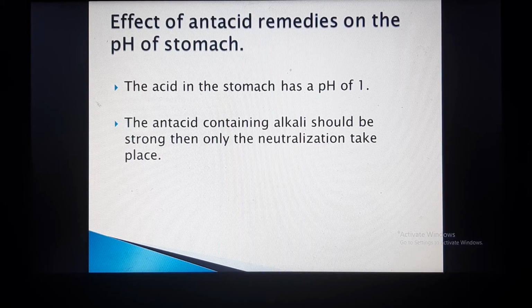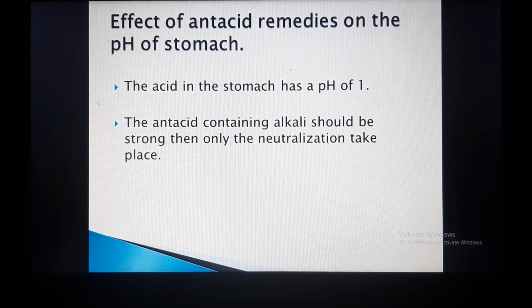It depends on the antacid that we are using. Various types of antacids are available in the pharmacy. Depending upon the pH of the alkali, the neutralization will be effective.